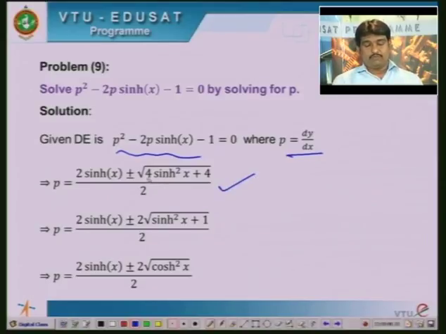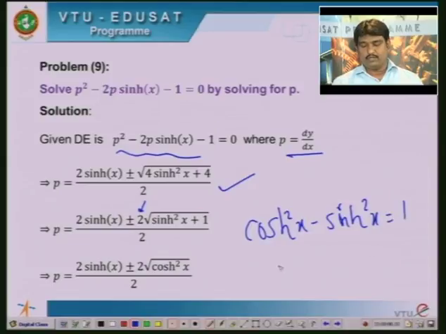Take 4 outside. So it is 2 sine hyperbolic x plus or minus 2 times root of sine hyperbolic square x plus 1. You know that cos hyperbolic square x minus sine hyperbolic square x equals to 1. From this we get 1 plus sine hyperbolic square x as cos hyperbolic square x.